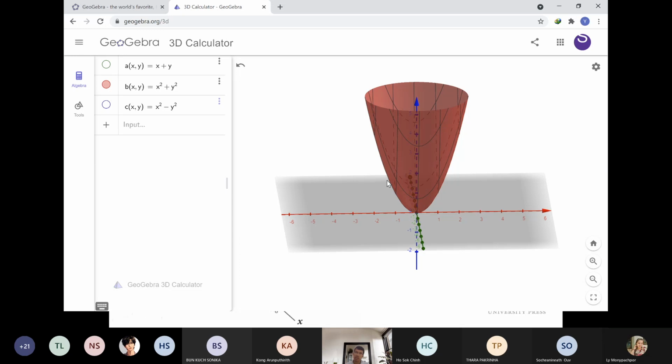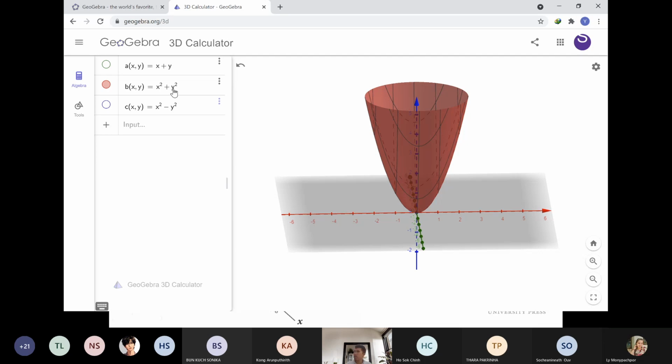In x direction, it's a parabola. Or in y direction, if you ignore x and focus on z equal to y squared, again it will be a parabola in y direction. So totally it's a surface that looks like this.